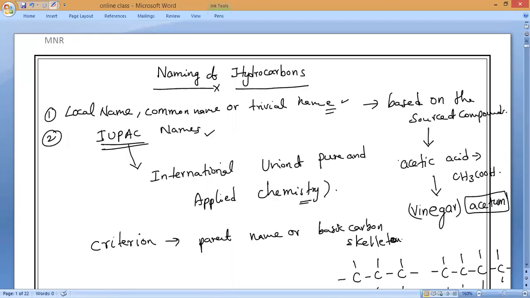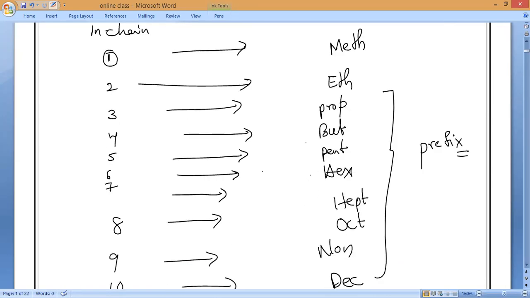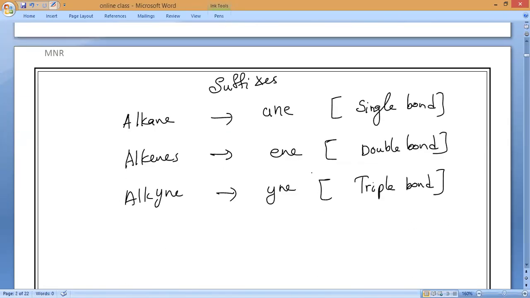Organic compounds are so many, but for every organic compound the name is given by IUPAC only. The scientific name is International Union of Pure and Applied Chemistry. So let's start now. This is what everyone should remember regarding IUPAC names, local names, and nomenclature of hydrocarbons.